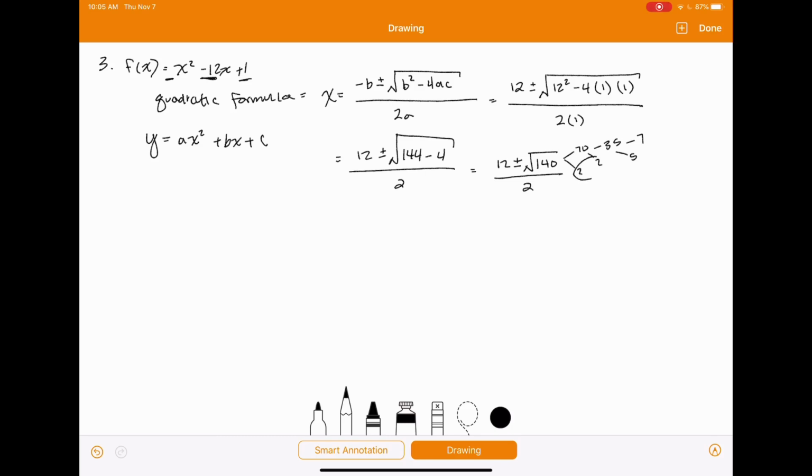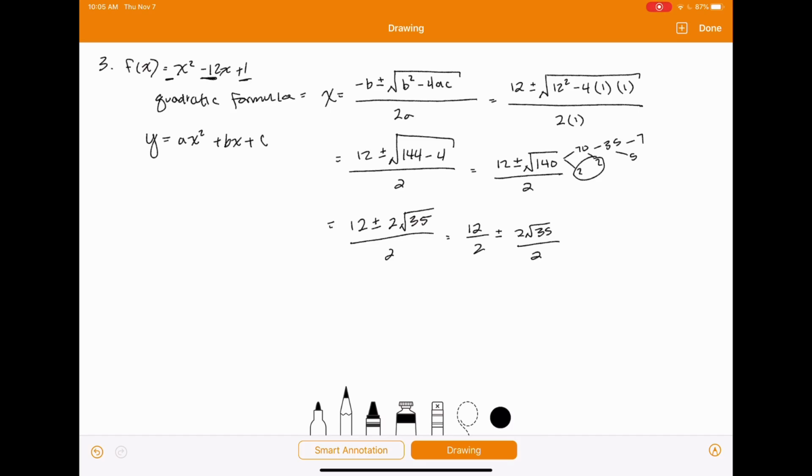So we've got a pair here, so we can pull that on the outside of the radical. So we'll have 12 plus or minus 2 square roots of 5 times 7, which is 35, all over 2. Then we can split up our fractions. We've got 12 over 2 plus or minus 2 square roots of 35 over 2.